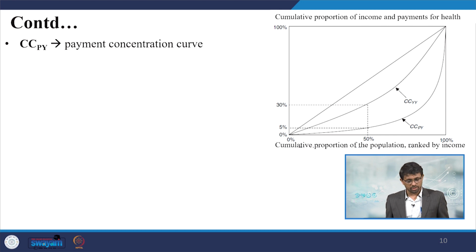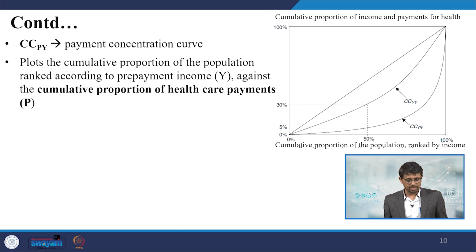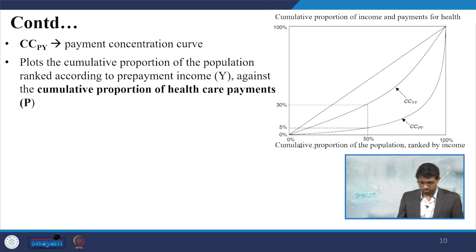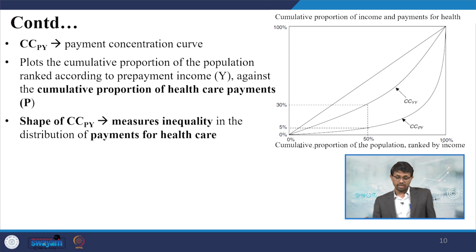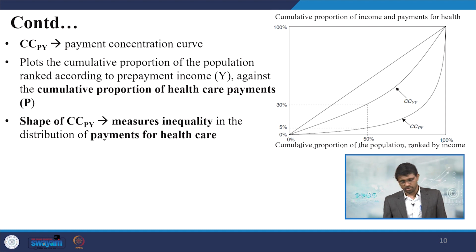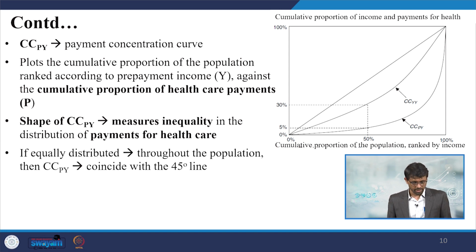Now we are counting for the CCPY. This is the payment concentration curve, and this plots the cumulative proportion of the population ranked according to prepayment income against the cumulative proportion of healthcare payments. Interestingly, in reality, different papers also highlight that this is deviating from the 45-degree line and highlighting inequality, and this CCPY measures inequality in the distribution of payments for healthcare.